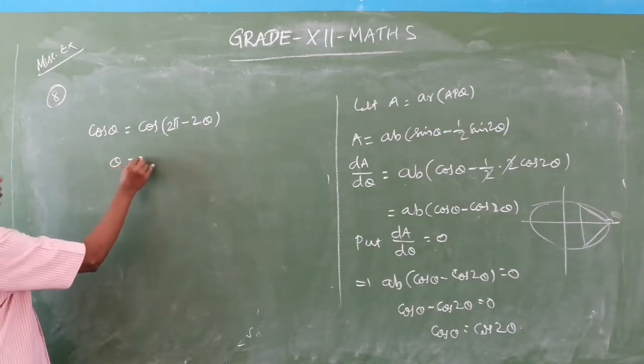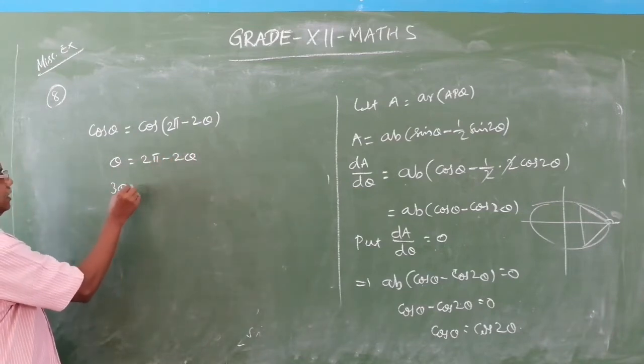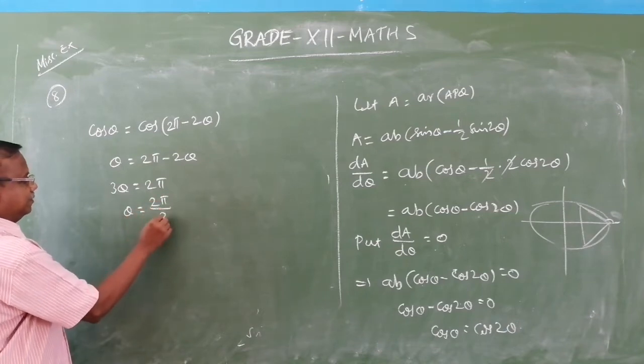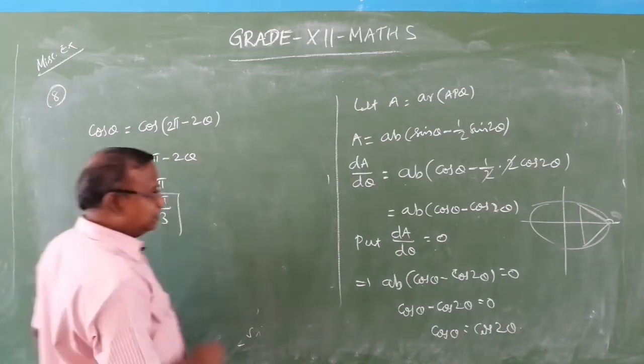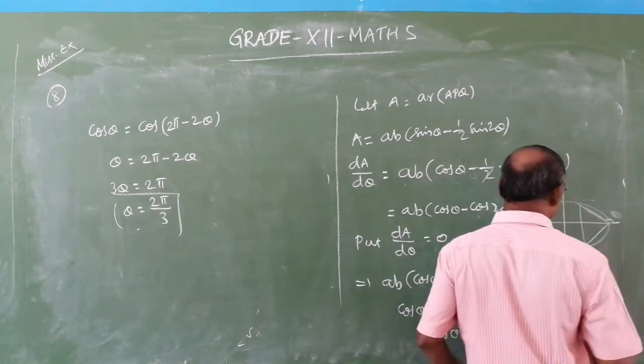Therefore theta equal to 2 pi minus 2 theta, or 3 theta equal to 2 pi and theta equal to 2 pi by 3.